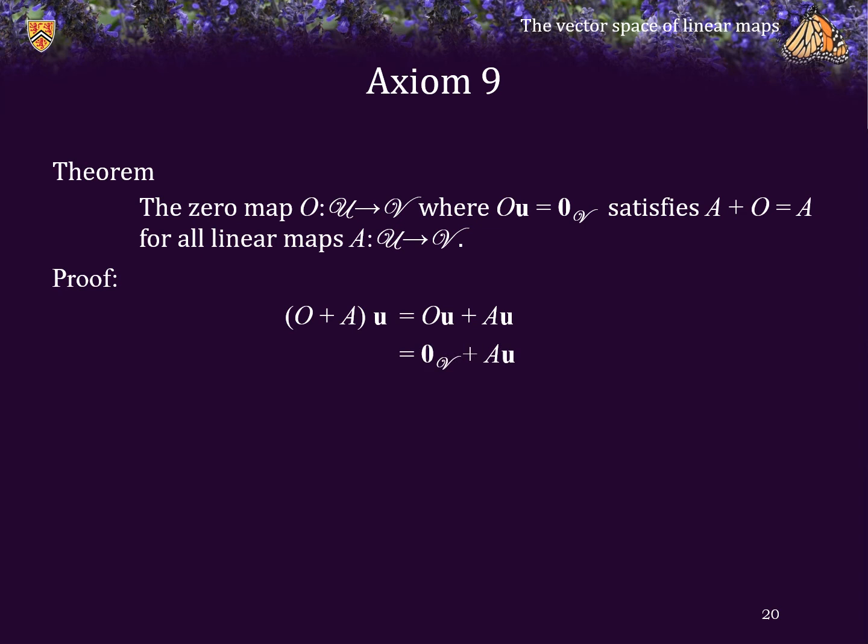But 0 applied to u is the zero vector in V, and the zero vector in V plus another vector in V is simply equal to that other vector. Therefore, 0 plus A applied to u is equal to A applied to u for all u, and thus 0 plus A is equal to A.